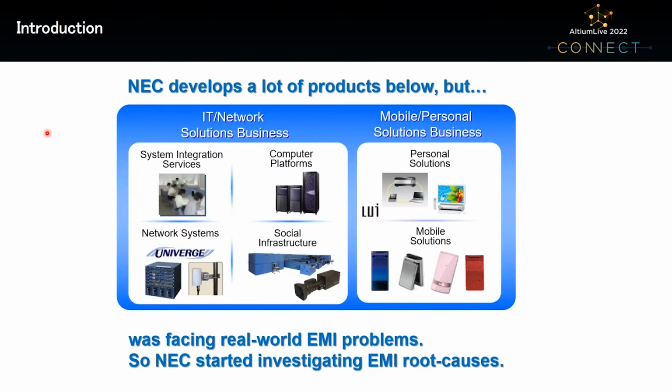As you know, NEC is a giant company in Japan and develops a lot of products as below. However, we were facing a lot of real-world EMI problems with these products. EMC engineers sometimes had sleepless nights at the chamber researching EMI factors and fixing the problem. So we started investigating EMI root causes with the EMC teams from different divisions in NEC.